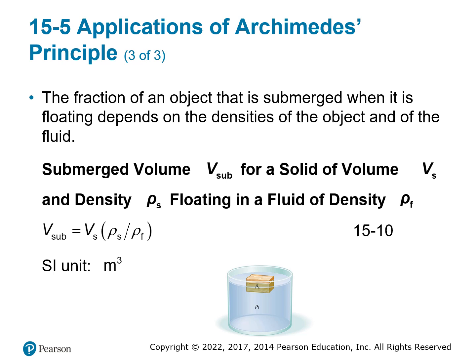So you would do your volume of your solid object times the ratio of the density of the solid object versus the density of the fluid. And this would be measured in meters cubed because this is a volume. And this would be how much volume of your object is submerged underneath the fluid.